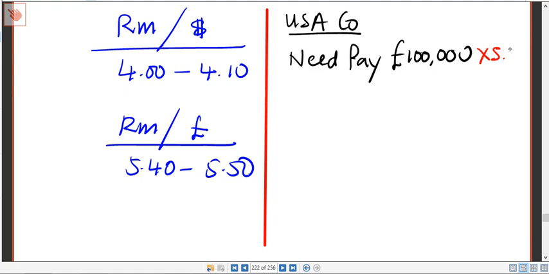Okay, no problem, Andrew. It's okay. 5.5, okay? If you're not sure, try both the rates. Choose the worst one. 5.5. How much do you get here? Ringgit Malaysia 550. Is that okay?